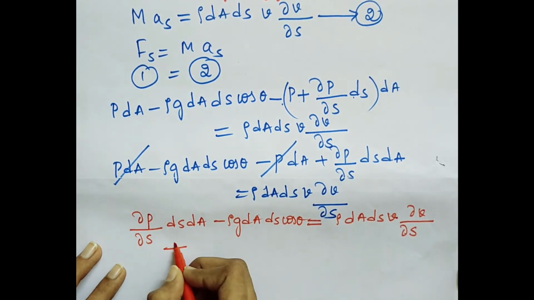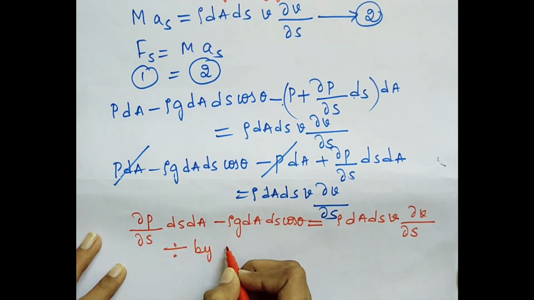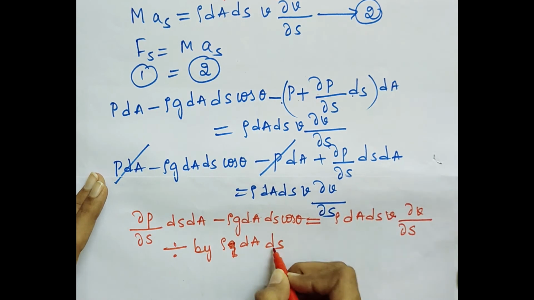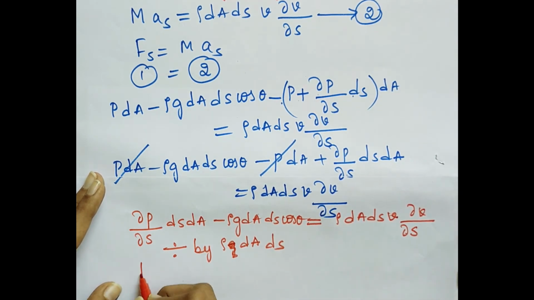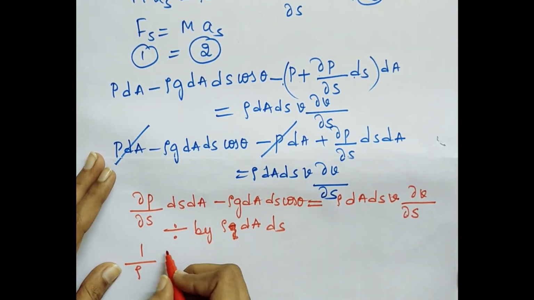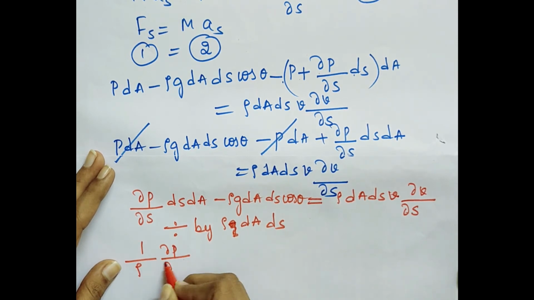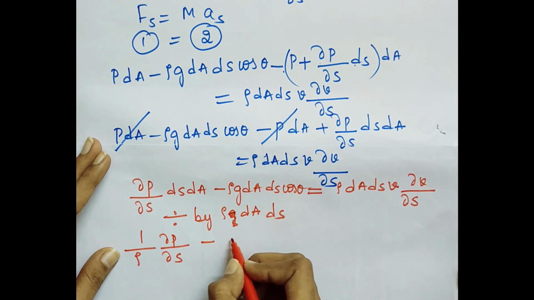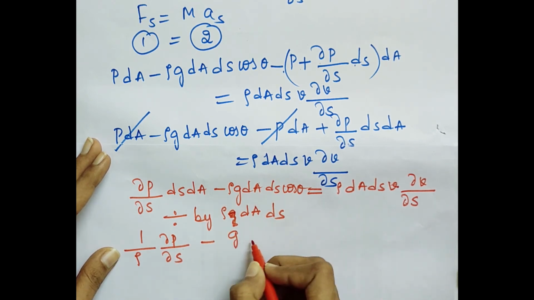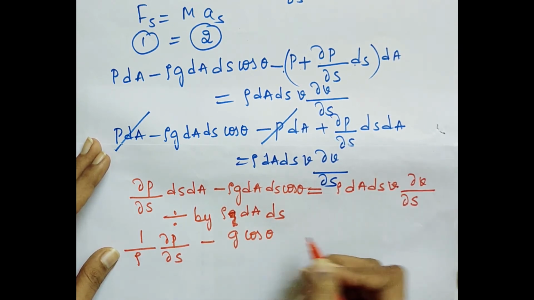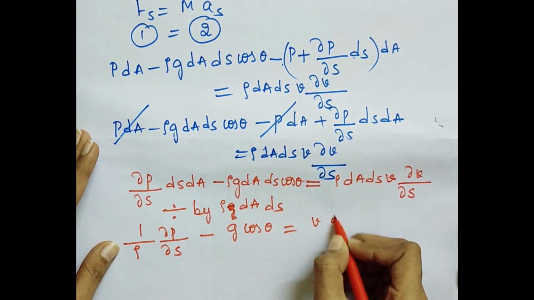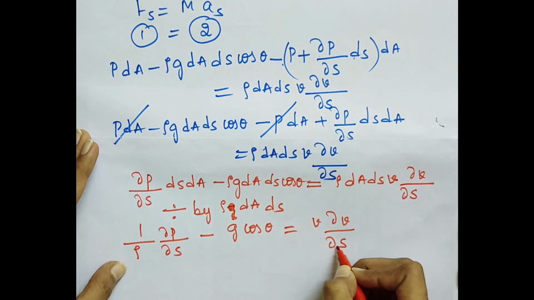If we divide this complete equation by rho into dA into ds, you will get 1 by rho into dou P by dou s minus g into cos theta is equal to v into dou v by dou s.